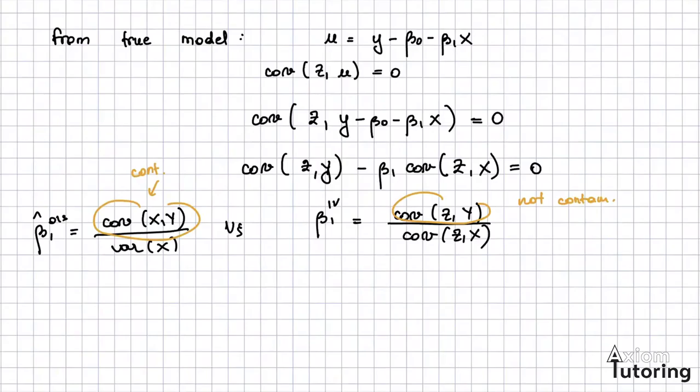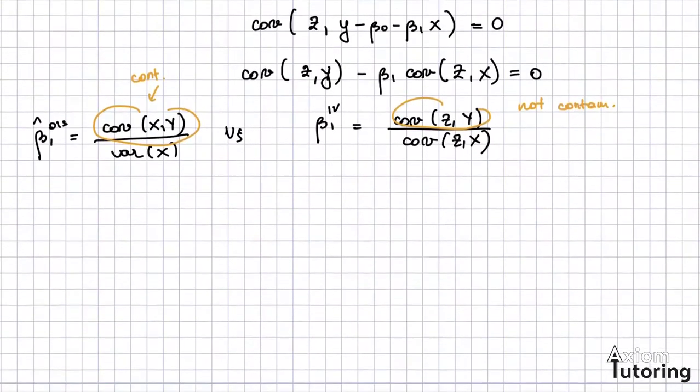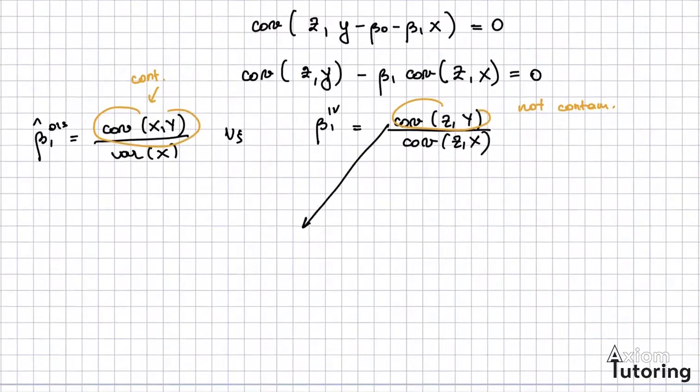Let's interpret the formula. We're going to break this formula into two parts. If you look at the numerator by itself, basically what we're checking is how strongly does the instrument affect the outcome.